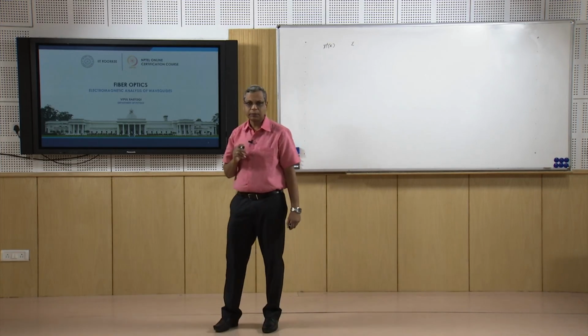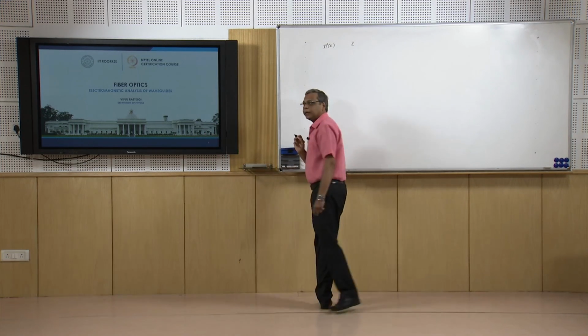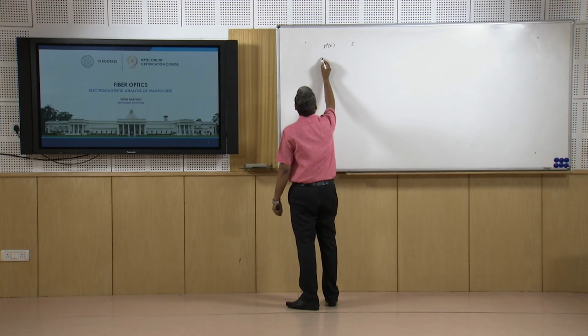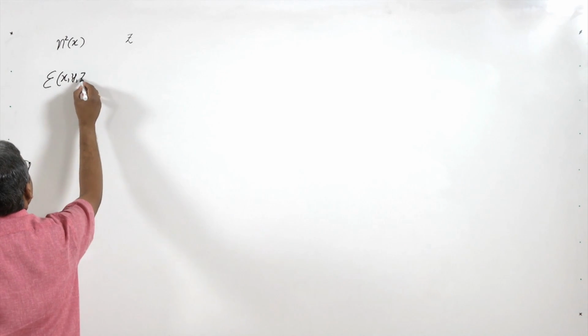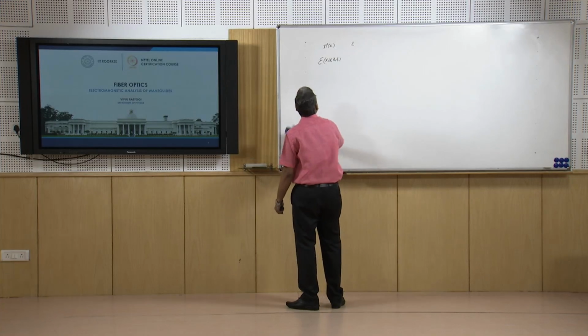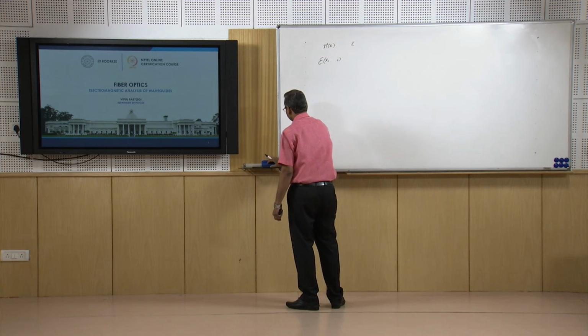direction and the propagation is in z direction, then the electric and magnetic fields associated with the light wave can be given as E(x, y, z, t). In fact, here you need not take y because I am taking the planar waveguide.